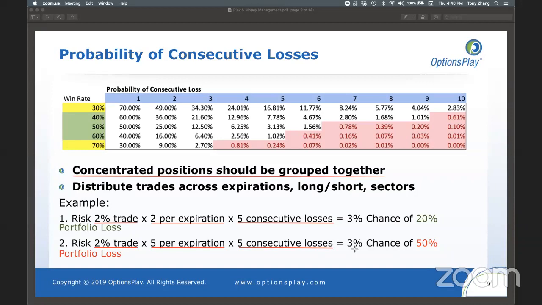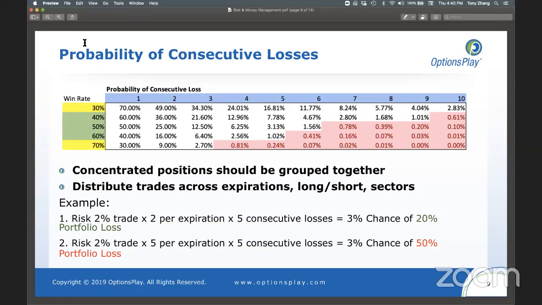So it's really important to understand not just risk per trade, but what is your total portfolio at risk? And if you have all of your positions concentrated in a sector and they're all long and they're all in the same expiration, you have to account for a different amount of portfolio risk compared to just someone who has a single trade at risk. So it's really important to understand this not just across a single trade, but across your entire portfolio.